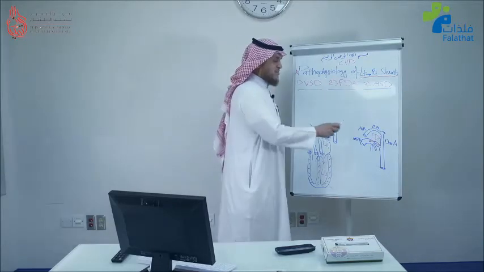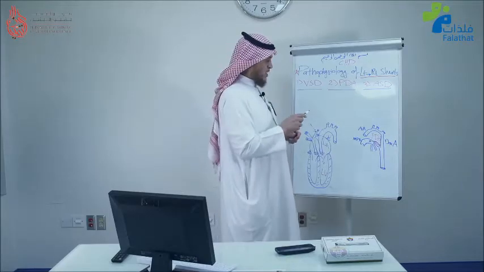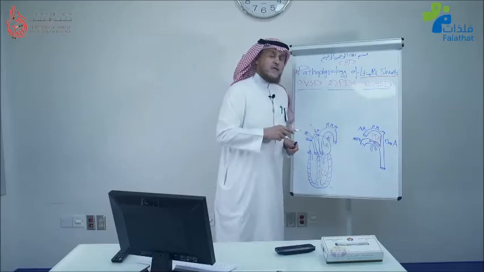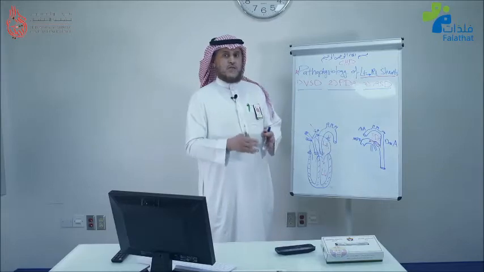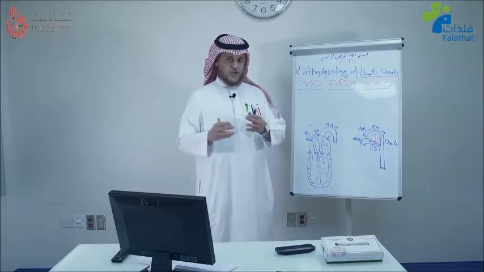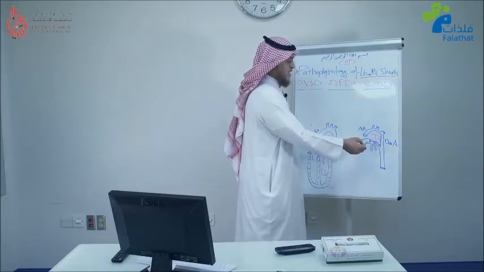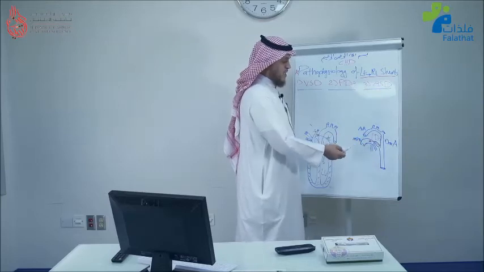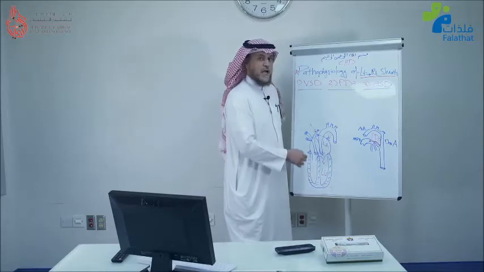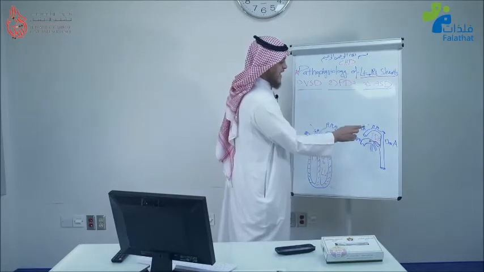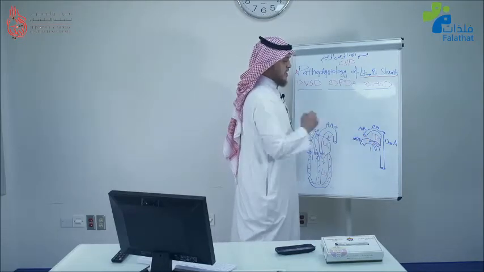But could the right side also hypertrophy and dilate? Yes, it can. In PDAs, it's actually more common than in the VSD. Not talking again about small PDAs. We're talking about moderate or moderate to large or large PDAs. It is more common than the VSD to have main pulmonary artery dilatation, main pulmonary artery and branch pulmonary artery elevated pressure, and right ventricular dilatation and hypertrophy, because the right ventricle will see the elevated pressure because of the PDA.